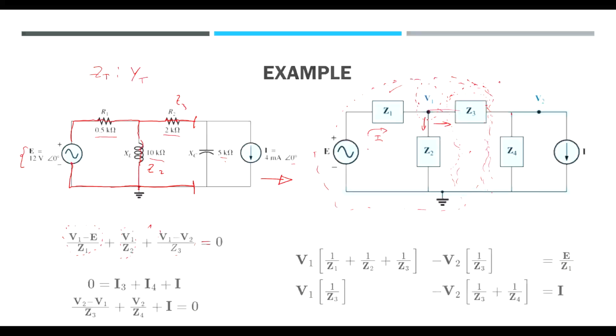So applying Kirchhoff's law, we found that at this node, there are 3 currents. One from here, one from there, and one to the ground. This one is V1 minus E divided by Z1. This one is V1 divided by Z2, and this one is V1 minus V2 divided by Z3. All that equals 0 because we're applying Kirchhoff's law and conservation of charge.